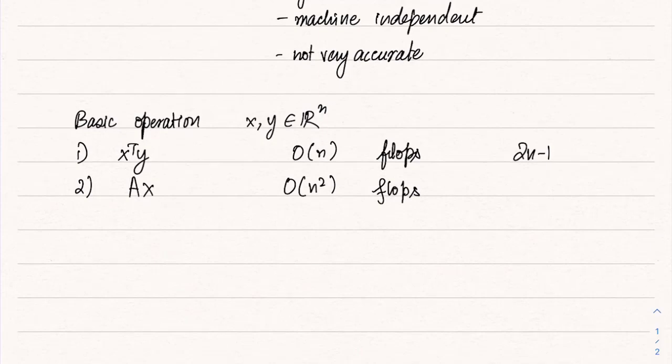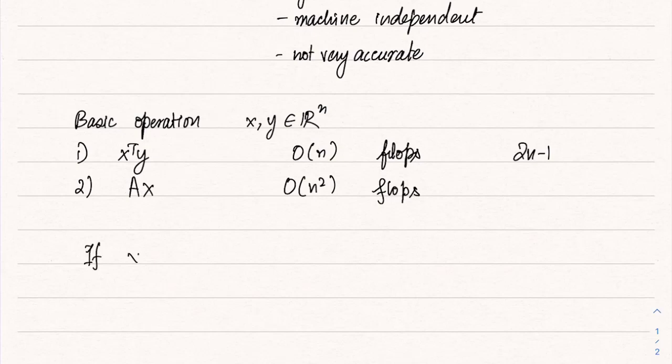So these are the requirements, but even in these basic operations, we can actually utilize the structure, and if we do that, we can speed up our calculations significantly. An example of a structure appearing in a vector is that it could be sparse.